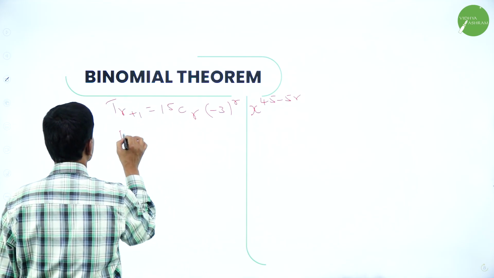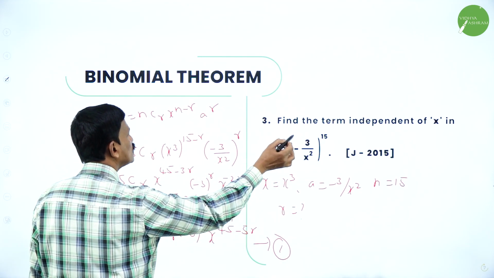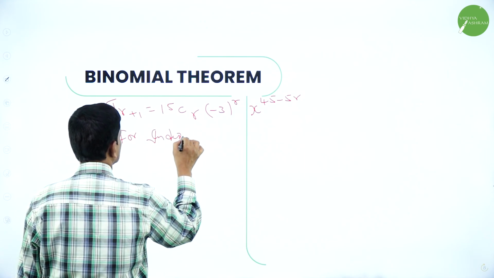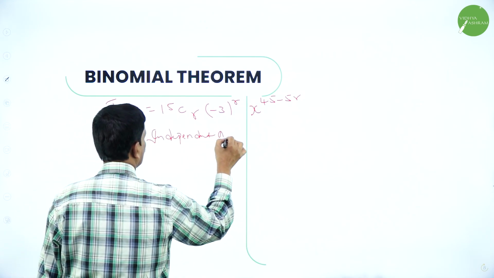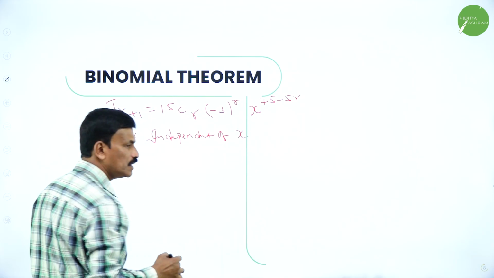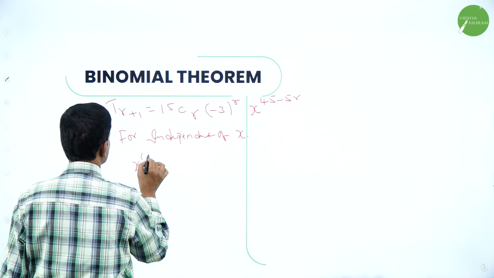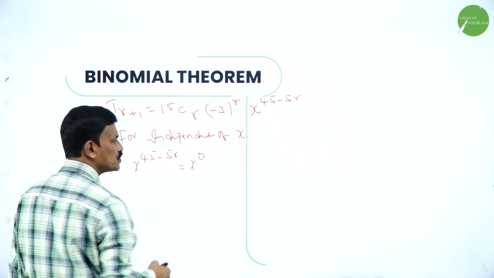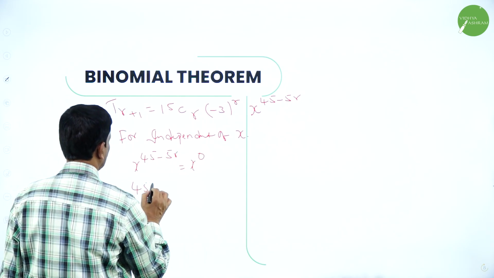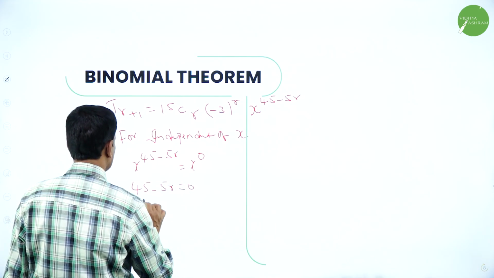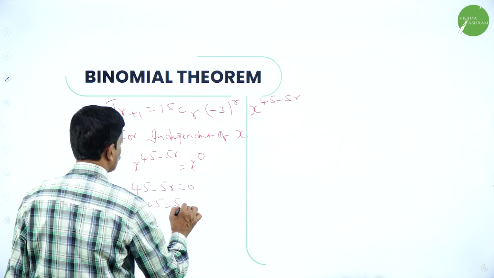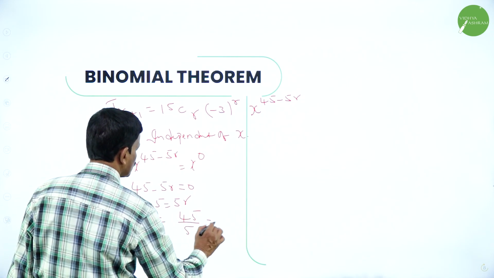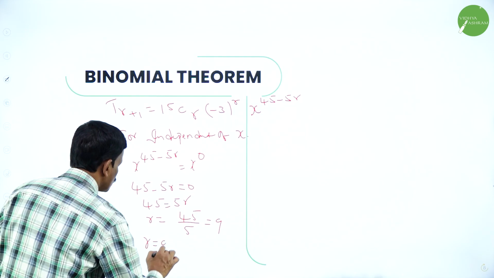Now for the term independent of x, equate this x to the power of 45 minus 5r to x to the power 0. Therefore 45 minus 5r is equal to 0, 45 is equal to 5r, r is equal to 45 divided by 5, that's equal to 9. r is equal to 9.